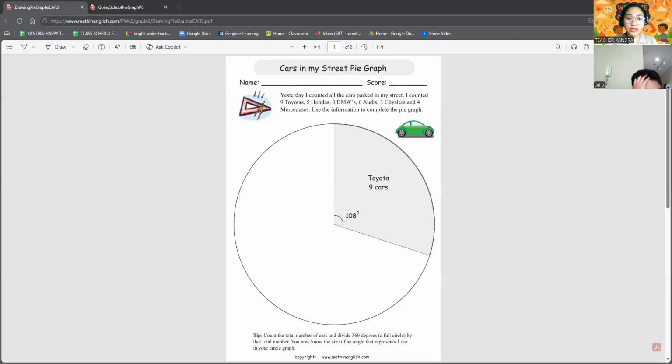You will practice reading pie graphs and explaining what the slices mean, making pie graphs using data from tables or surveys, changing the numbers into fractions, decimals, and percentages so you can compare groups clearly, and finding the angle of each sector so you can draw the slices correctly in the circle.